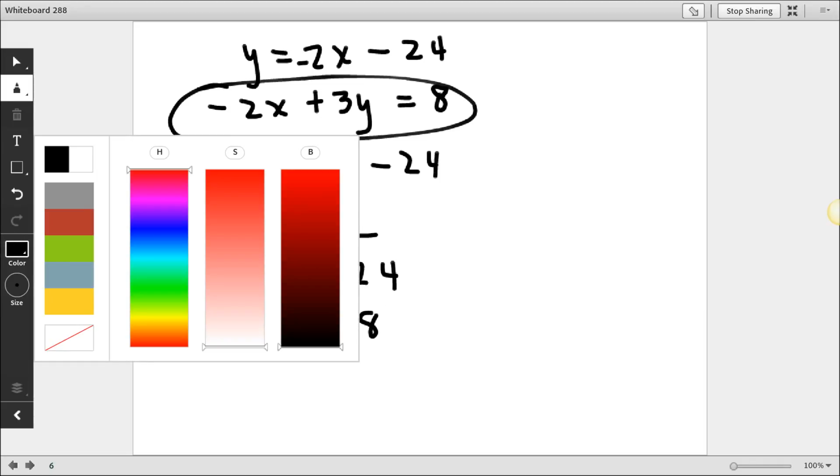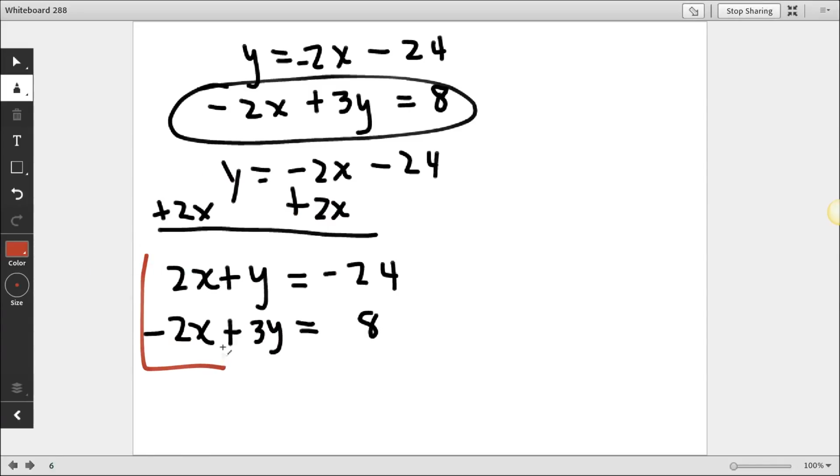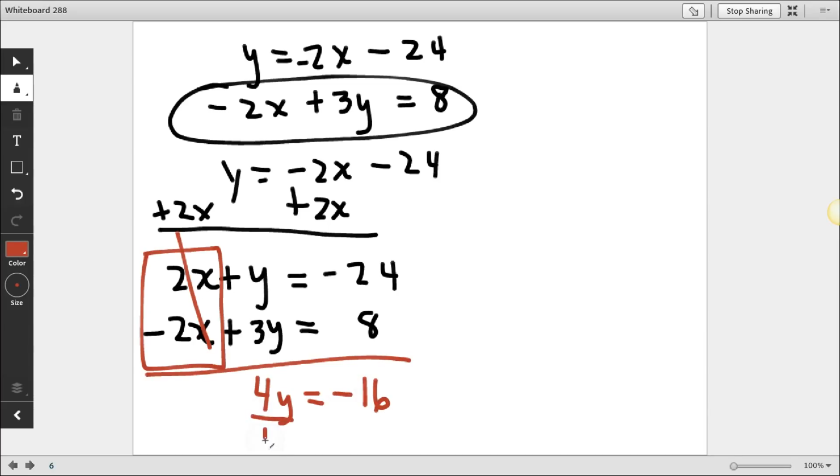So now, just like the last one, if I look at the x's, those are going to cancel. So add the equations together, and end up with 4y equals negative 24 plus 8 is negative 16. Divide by 4. Y is going to equal negative 4. And again, just pick one of the equations.